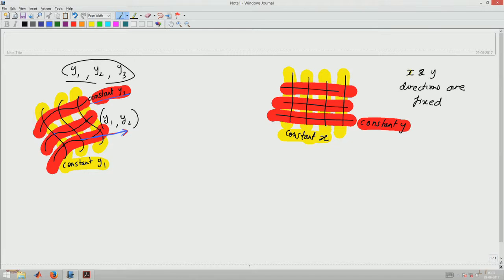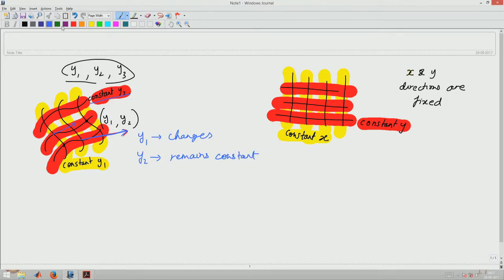Similarly, if I choose another point, this is the direction along the surface where y 1 changes and y 2 remains constant.